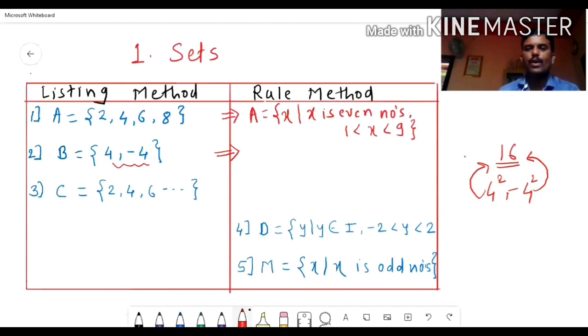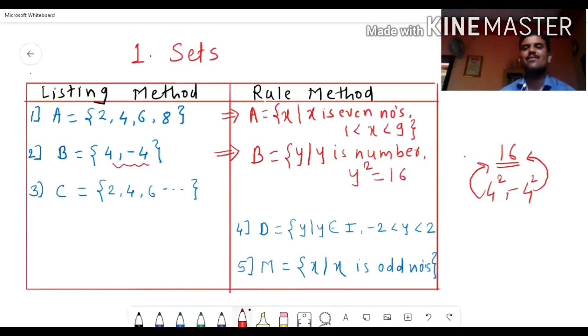So in that way, we are now writing B is equal to {y such that y is a number, y square is equal to 16}. Like in that way, means what? It is a square root.